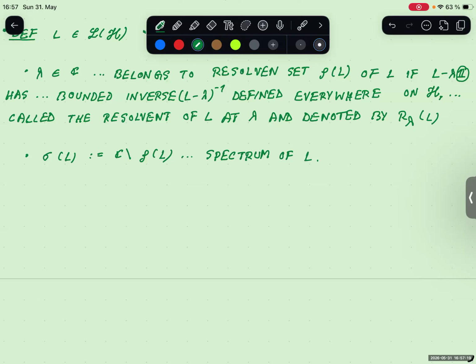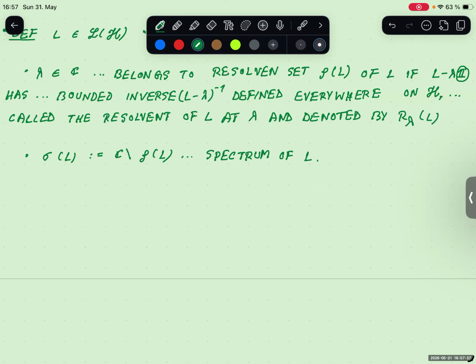So in linear algebra, by spectrum, you mean a collection of all eigenvalues, and how this definition is related to that, or is it a generalization, we will see later. But today, just let me introduce these words.